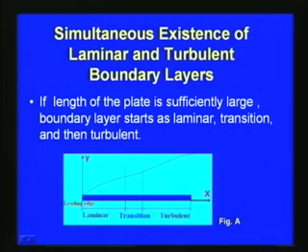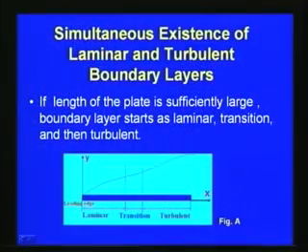Here the length of the plate is sufficiently large, so the boundary layer starts as laminar, then we have the transition, and then we have the turbulent. This depends upon the length of the plate. If the length is very small, then we may get only laminar or turbulent, but as this figure shows, we have starting from laminar, then a transition and the turbulent boundary layer.